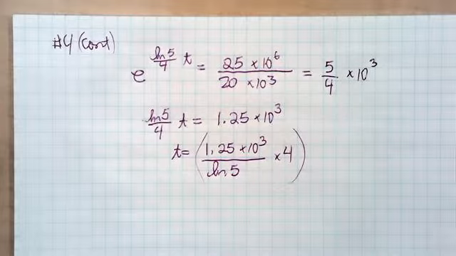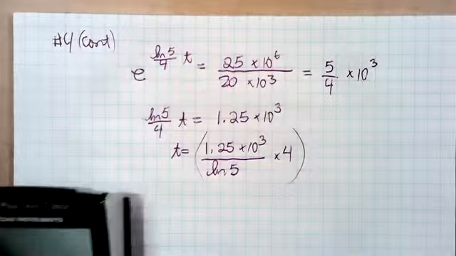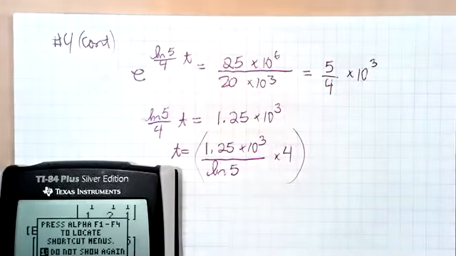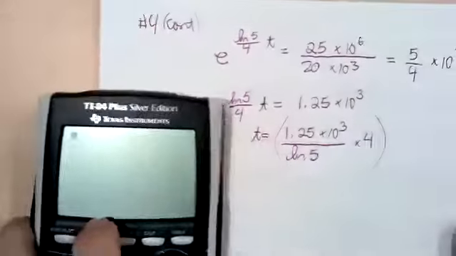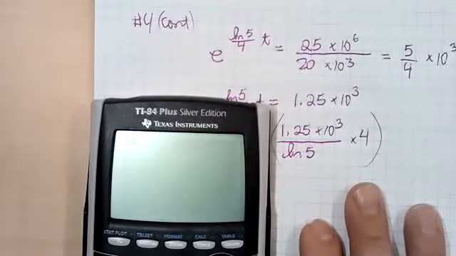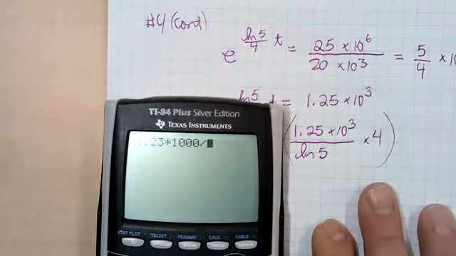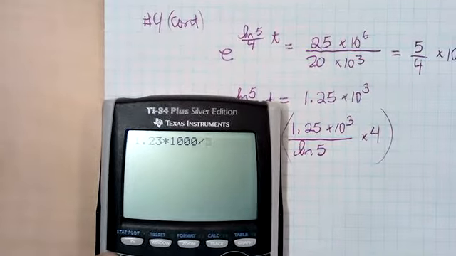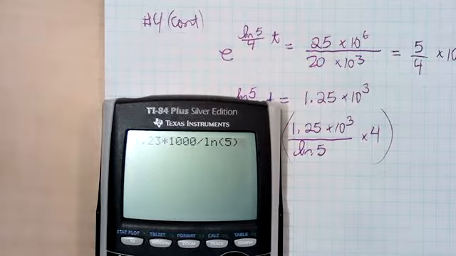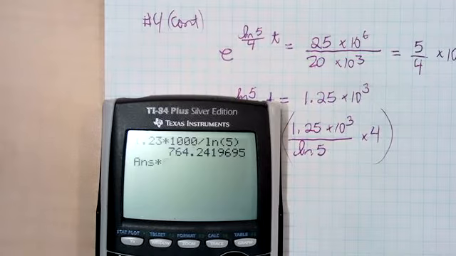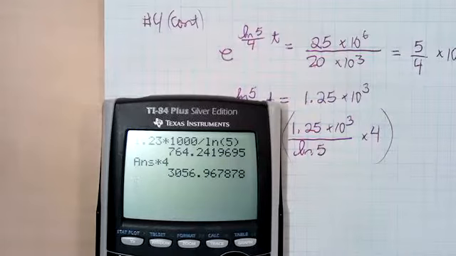Did you do it already? No. Oh, okay. I heard buttons clicking, but I didn't know. Okay, well, here we go. 1.25 times 1,000 divided by log 5. Gee, I don't use calculators that often anymore. Log 5, and then I want to multiply by 4. Uh-oh. That's distinctly unlikely.